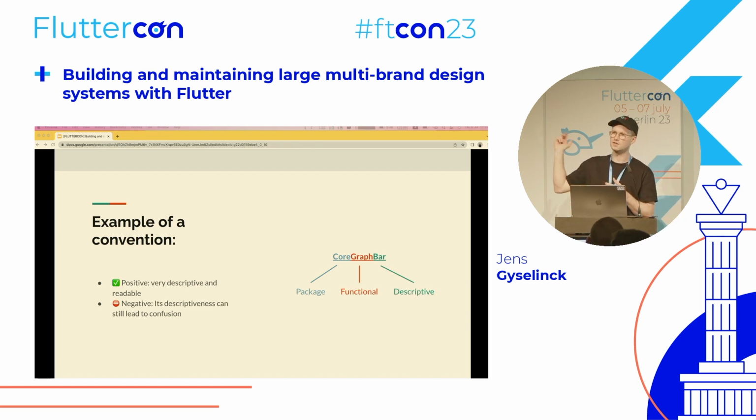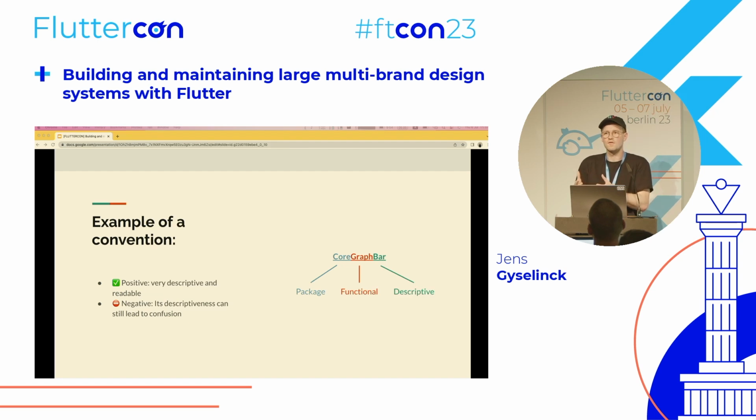The first part of that name always references where that component is hosted, so in which package it's hosted. In this case, it's in core. That second part is a functional group. And that functional group doesn't really follow things like atomic design, for example, because we found that atomic design is a little bit too generic and doesn't really cover what we really needed from a functional group. So we made our own that really makes sense for the products that we are building.